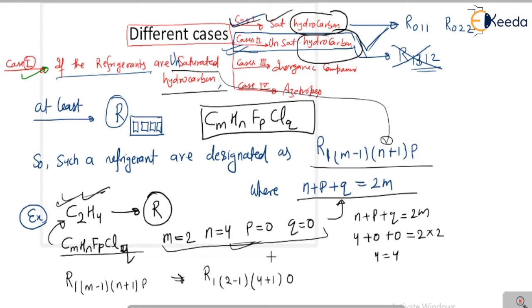Is it right? That means we can write it in this manner: R1 here 1, here 5, and at last 0. So this is our standard designation for the chemical compound.